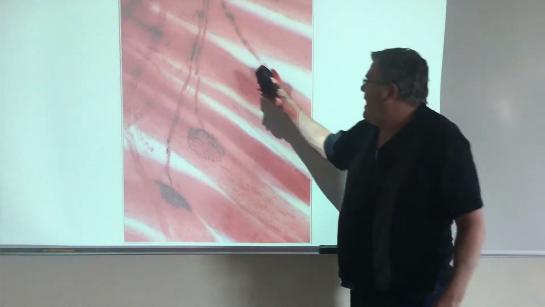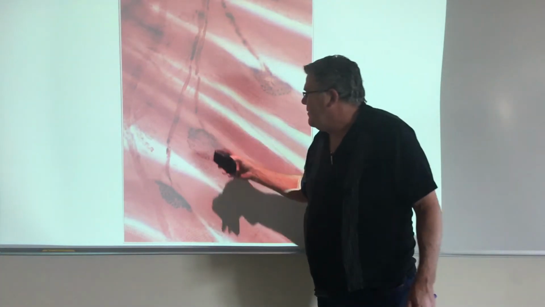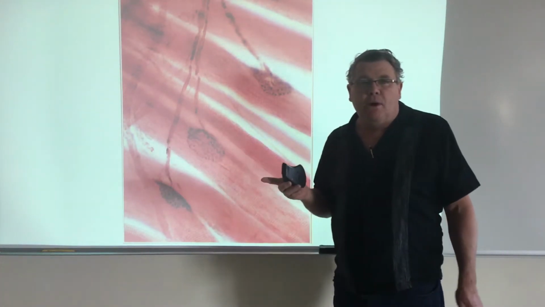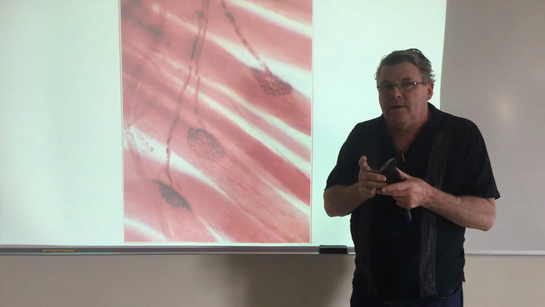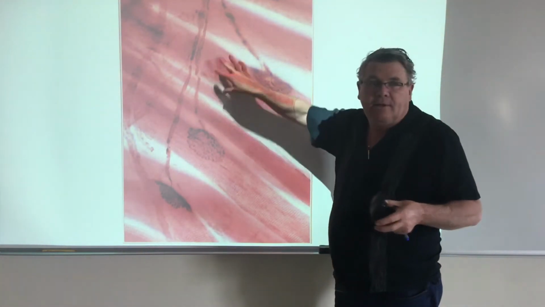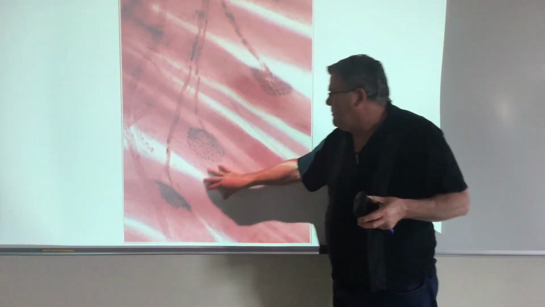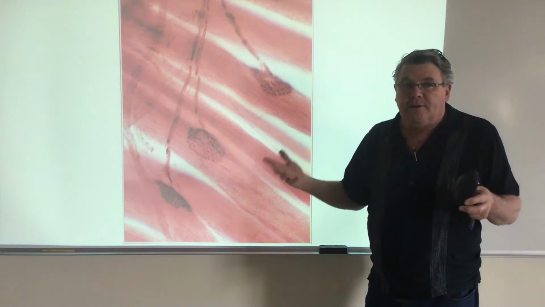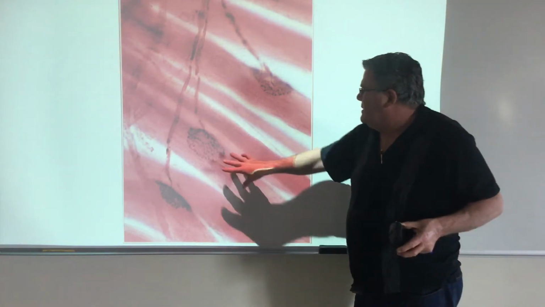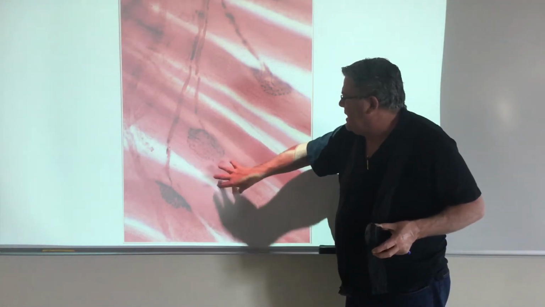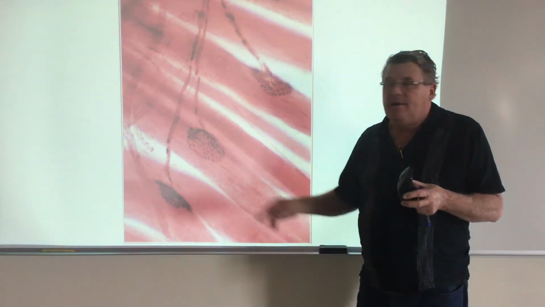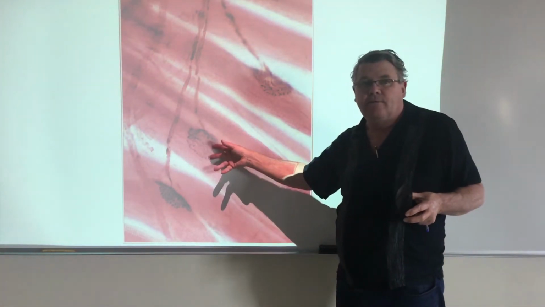These are what we call end bulbs off of what we also refer to as motor neurons. Motor neurons are neurons that are going to be innervating your skeletal muscles, well, your muscles, and they're going to be essentially telling the muscle to contract. This is where the signal is going to come from.